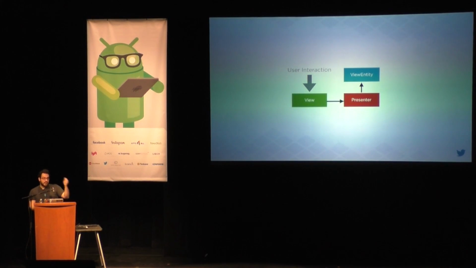But you don't want to persist the presenter too much because it could be big. But the view entity could be just the state of the screen. If that edit text has some string, just store it on the view entity. If something is enabled or disabled, store it as a boolean, and then you match those views with that state. So it's like a POJO. That's it.